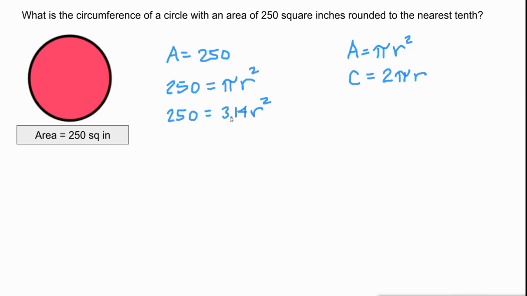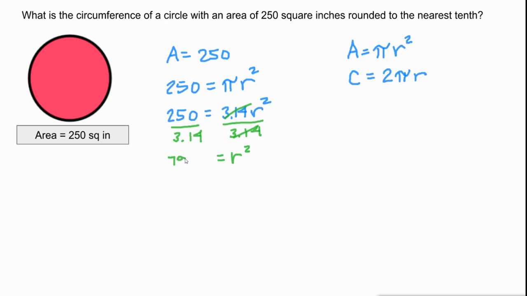In a problem like this, we are always going to divide by pi in the next step. So we divide both sides by pi. That cancels this one out on the right side. We're left with r squared on the right and 250 divided by 3.14 on the left.